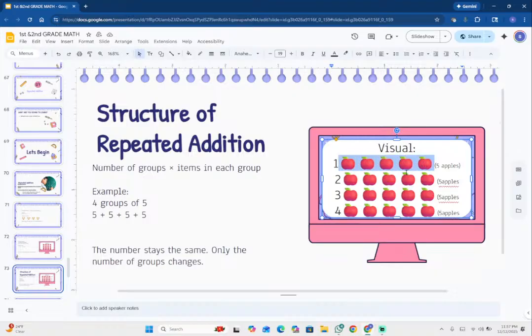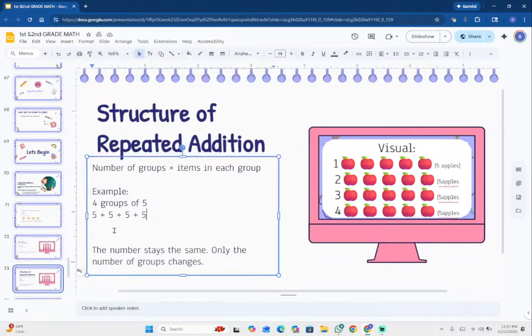In column 1 there's 5 apples, column 2 there's 5 apples, column 3 there's 5 apples, column 4 there's 5 apples. So there's 4 bags and 5 apples in each. So then we would do 4 times 5, because this would be 5 plus 5 plus 5 plus 5. And this will give us 20 if we count everything.